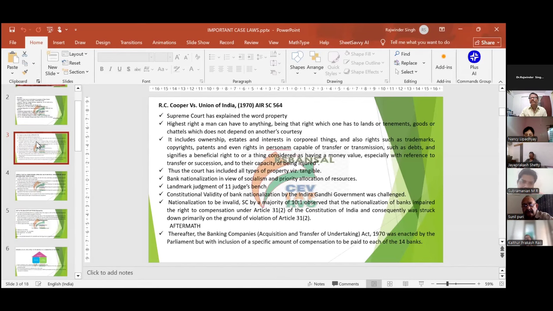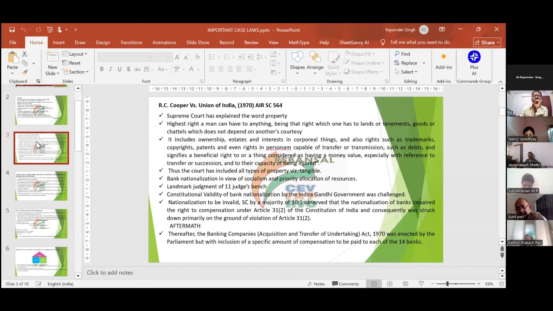Property means the highest right a man can have to anything, being the right which one has to lands or tenements, goods or chattels, which does not depend on another's courtesy.